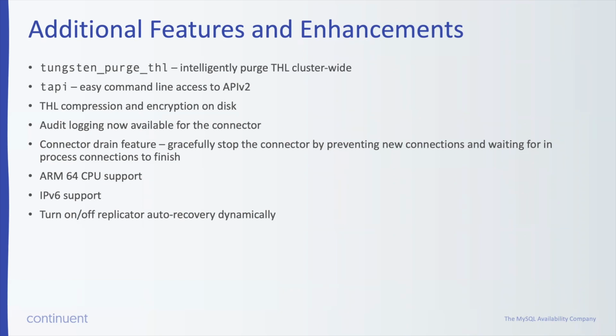We can turn off the replicator auto recovery automatically. We don't need to change a property now and then restart the replicator. We can simply turn off auto recovery when we want to. And why would that be useful? Well, auto recovery is good, right? If the replicator encounters an error, sure, we want to retry just to make sure it's not some sort of transient issue.